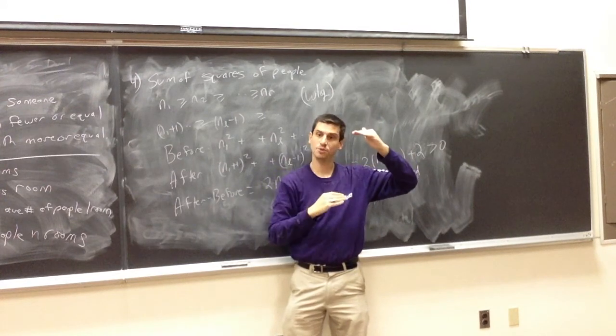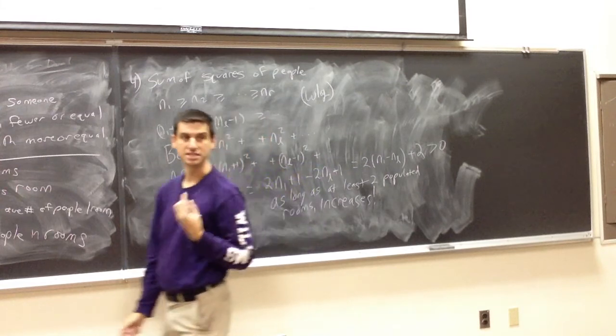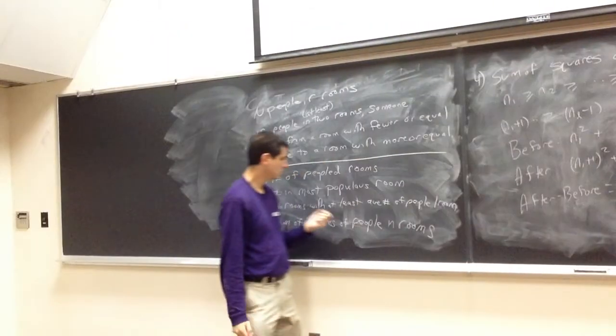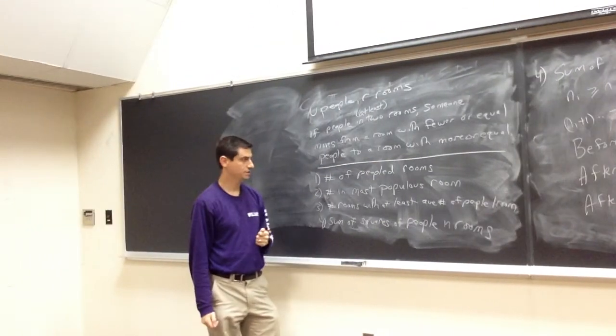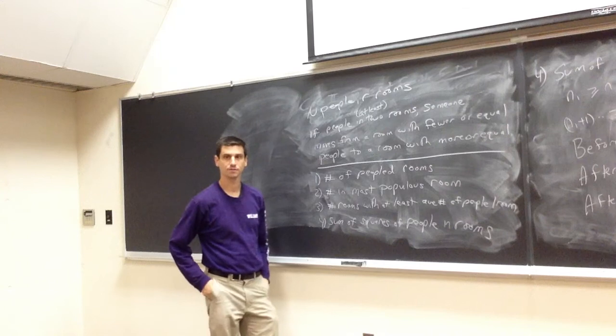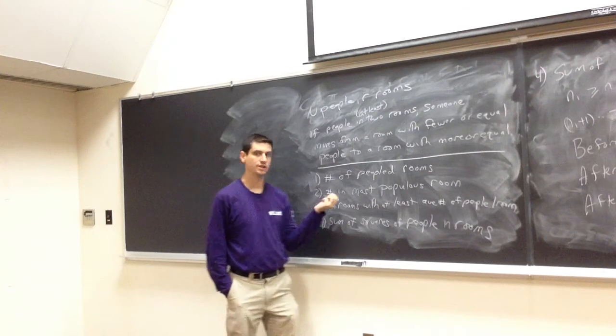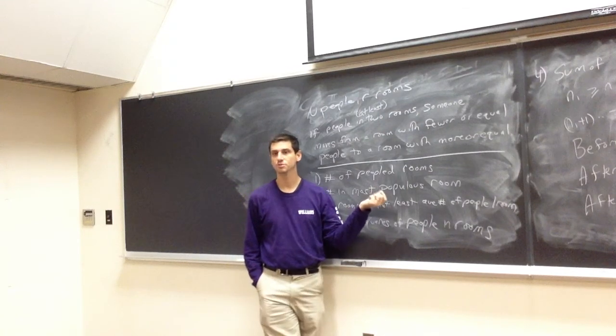And I'm no longer the most populous room. But the number of people in the most populous room is never going to go down. This would be a monoinvariant, the number of people in the most populous room. The problem is, do we know that it's going to increase? So we would need to show that eventually somebody goes into the most populous room.